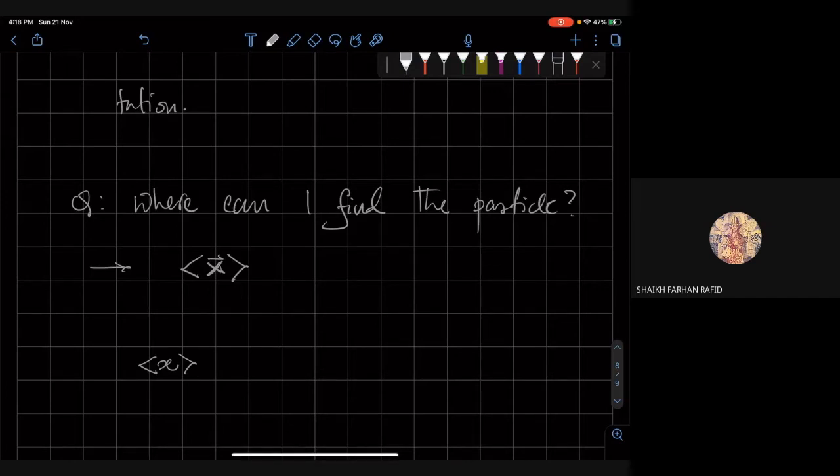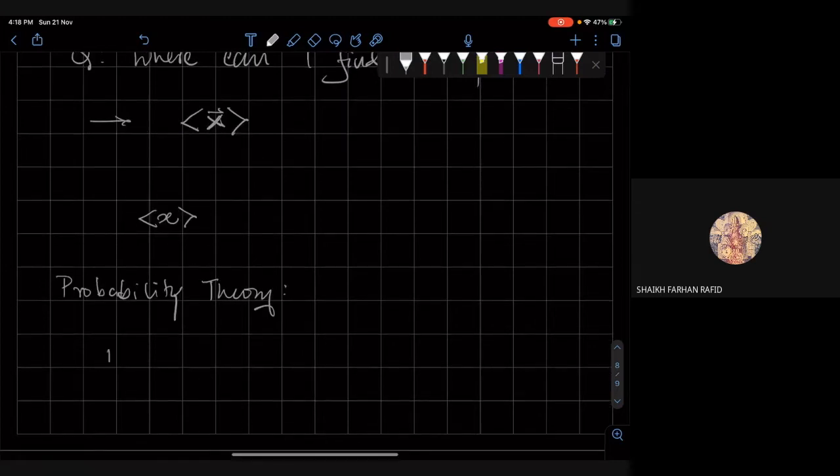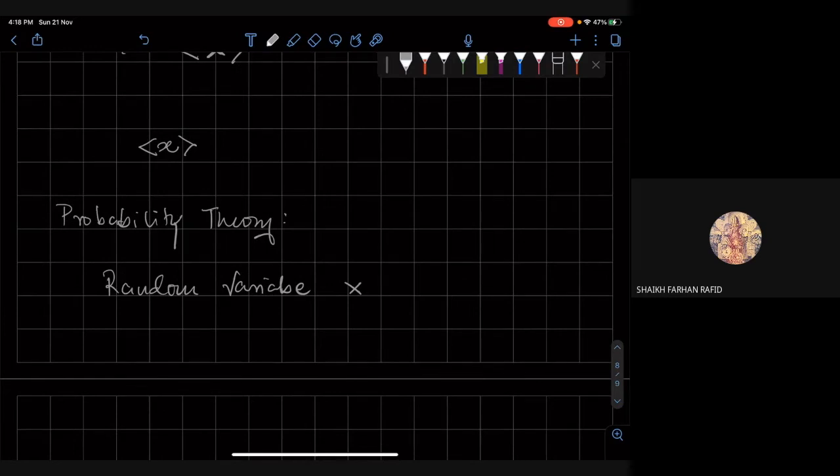Now we go to probability theory. Now in probability theory, suppose we have a random variable x, then the expectation value of some function of that random variable, so the random variable has some probability distribution, right, p of x.